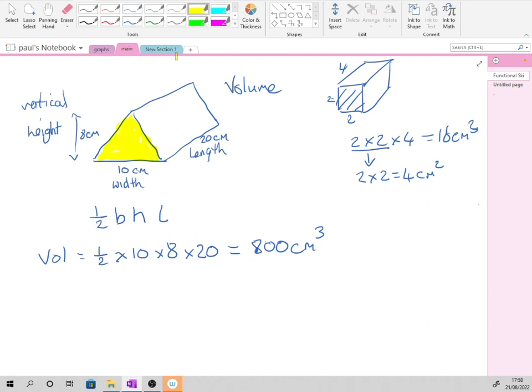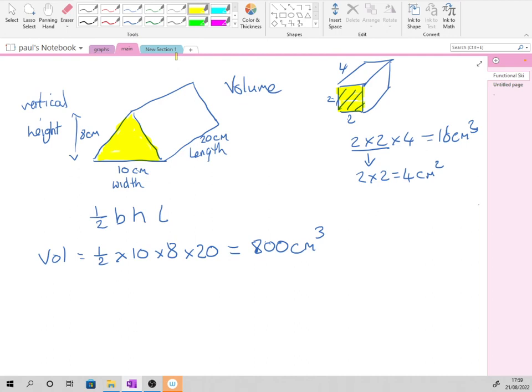If you find the area of the end first and multiply it by the length, you'll find the volume. Again, don't get caught out with any measurements on the sloping side.